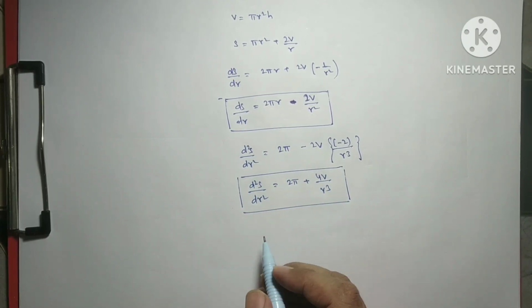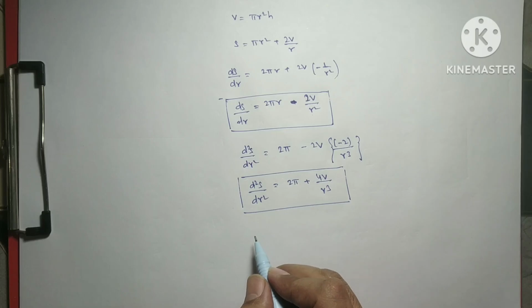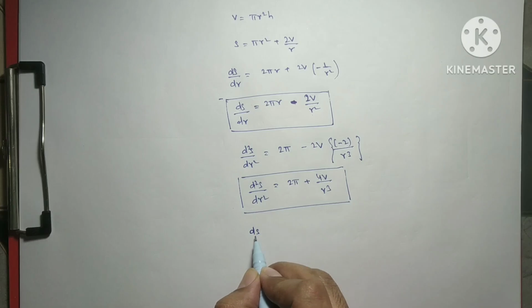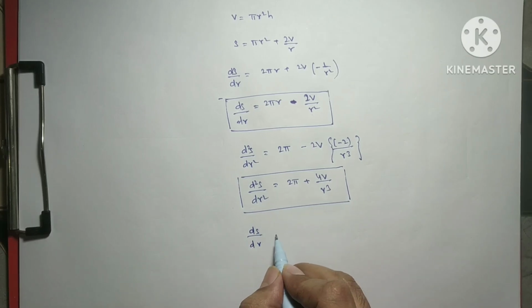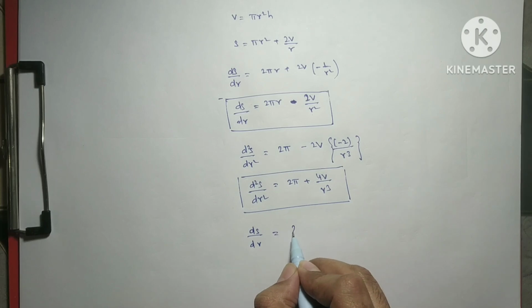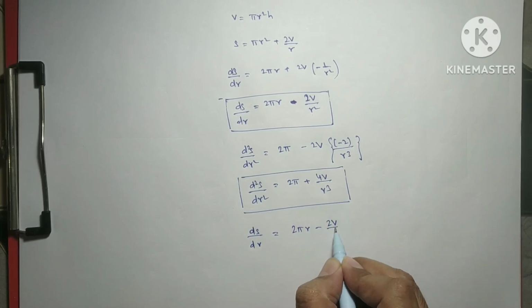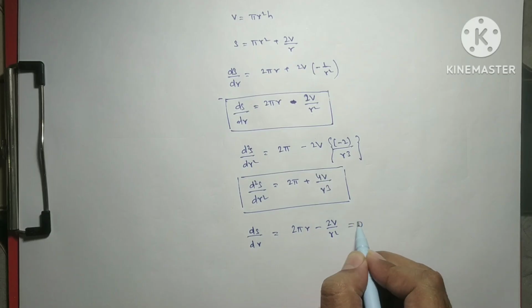Now according to the second derivative test, we will put dS by dr equals 0. So it is 2 pi r minus 2V over r square equals 0.